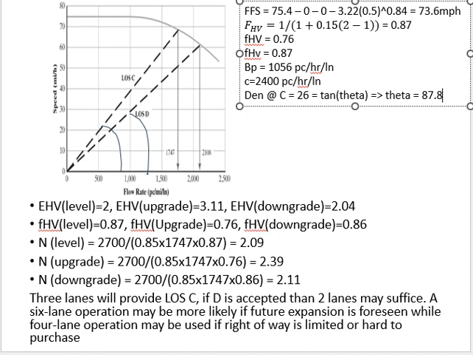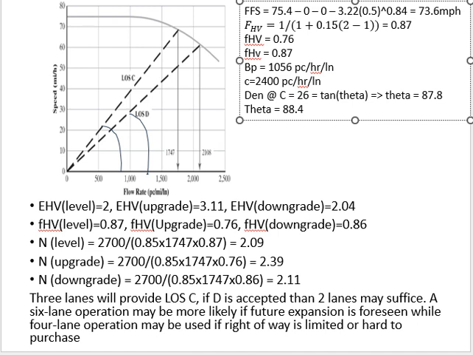For D, this was 35, right? The maximum density is 35. So I will do the tangent inverse of 35. How much is that? 88.4.